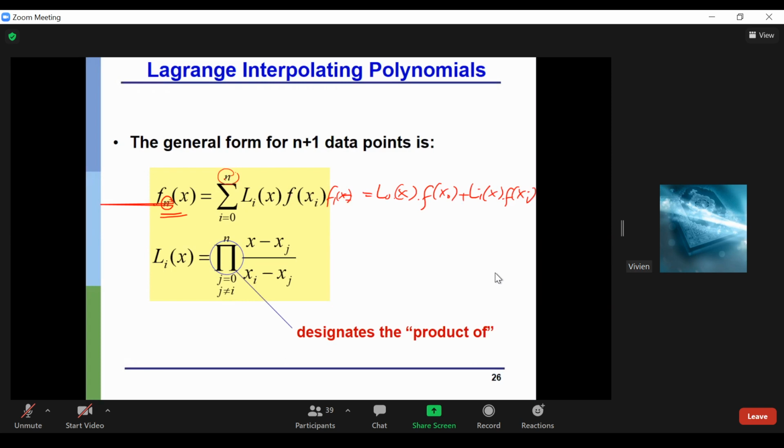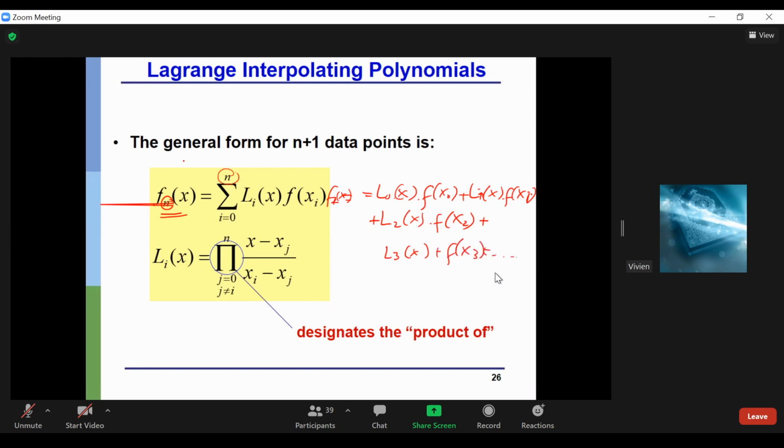If we want to increase to third and fourth, we can add more terms. For example, for second order, that will be L2(x) times f(x2). And if we want to increase to third order and so on, just add again, and so on.